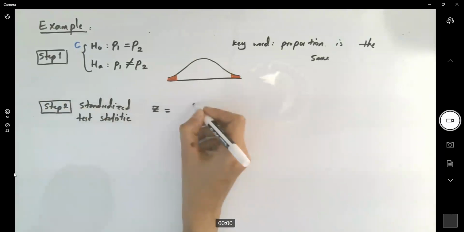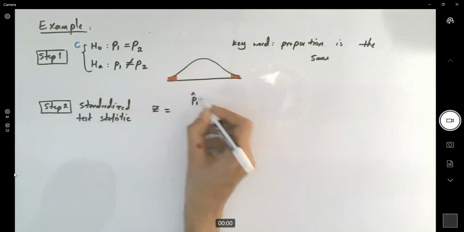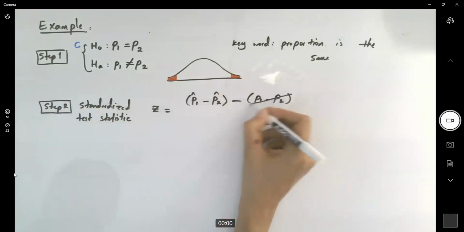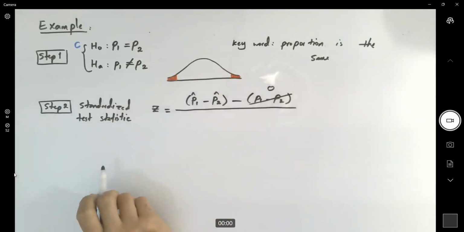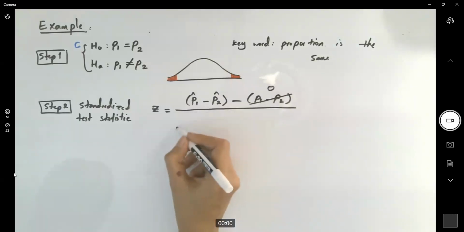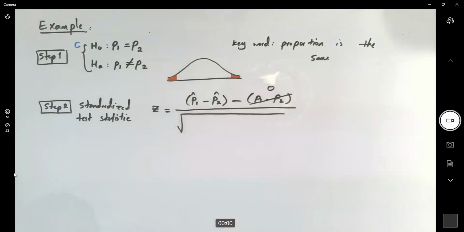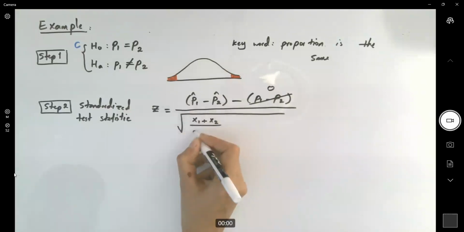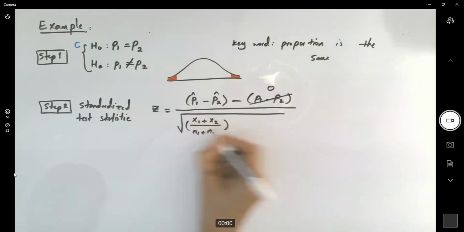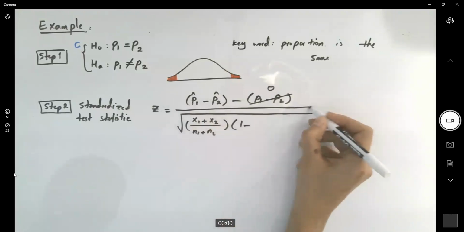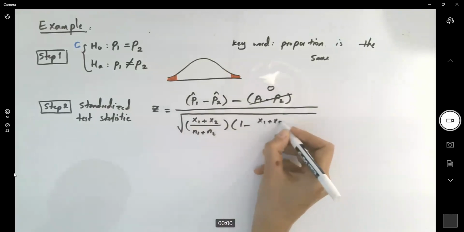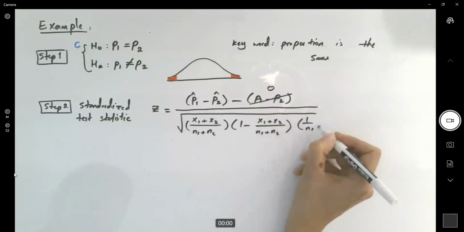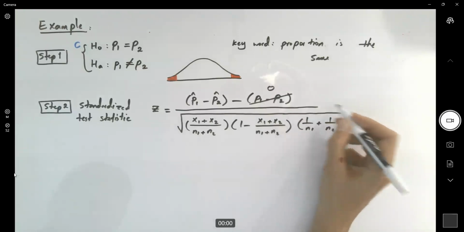Z equals, well, let us follow the formula: P1 hat minus P2 hat minus (P1 minus P2), which is 0, divided by the standard error, which is the square root of P bar times (1 minus P bar) times (1 over n1 plus 1 over n2). Remember, P bar is (x1 plus x2) divided by (n1 plus n2).